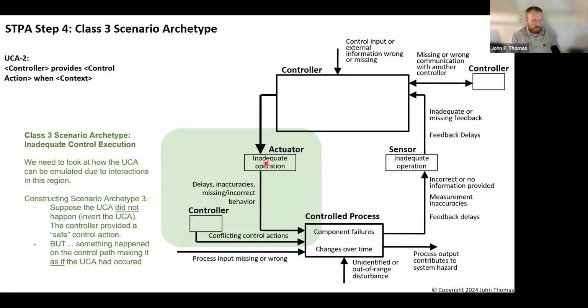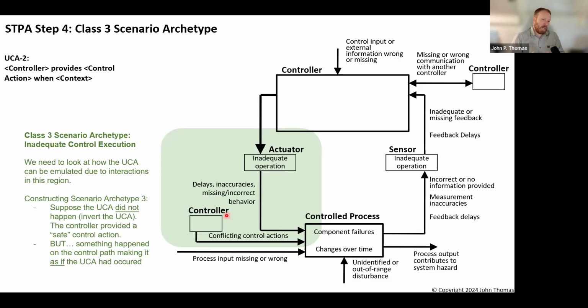Anybody can come up with that one, and you don't need STPA to think of that one. STPA is just one of the many ways to do it. But what if the actuator doesn't fail? What if it operates as designed, but the design has a half-second delay because the actuator has a response time? Another interesting one is the controller sends a conflicting control action, right? So there may be a lot of different reasons.